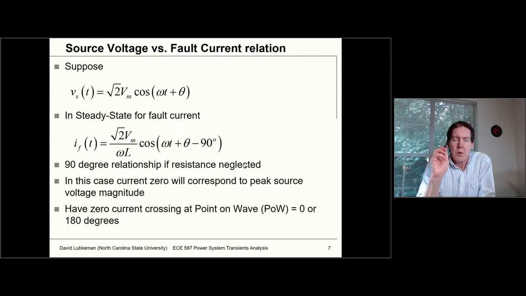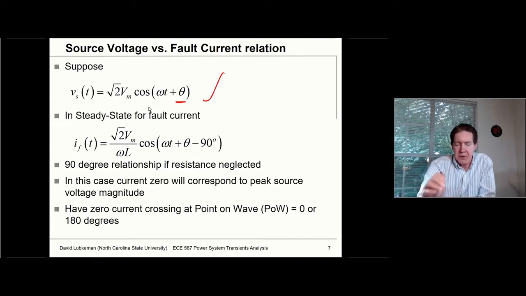I wanted to say a few things before I get into the solution of the differential equations about the relationship between voltage and current, and why I'm not going to be working with a point on wave number like I did for the RL fault analysis. Let's suppose this is the form of the voltage, and we'll use a cosine form, where theta would be a point on wave number that we could use if we're looking at this analysis, assuming things occur at time equals zero.